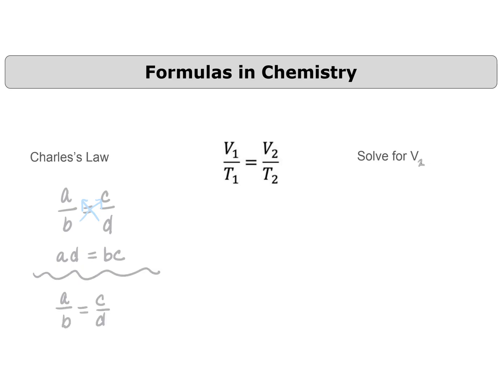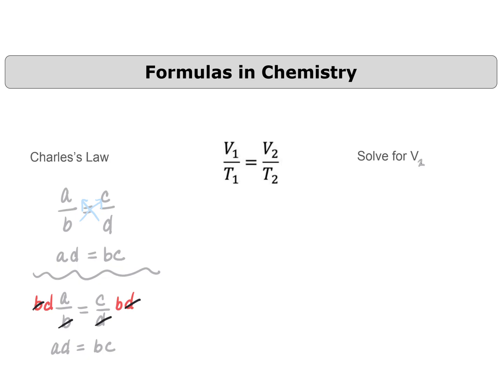Now I want you to realize that all we're really doing here is we're just multiplying both sides of the equal sign by BD. And so that will divide out the B on the left side and the D on the right side. And so we get that AD is equal to BC.